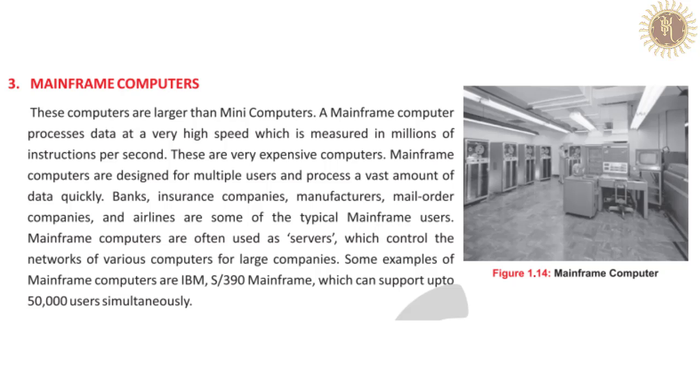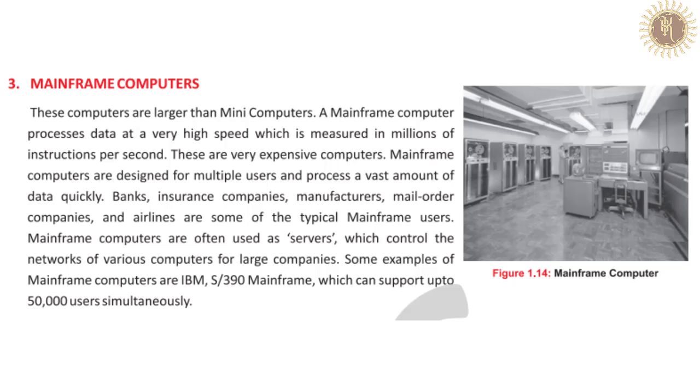3. Mainframe computers. These computers are bigger than minicomputers. A mainframe computer processes data at an extremely high speed, which is measured in millions of instructions per second. These are extremely expensive computers. Mainframe computers are designed for multiple users and process a huge amount of data quickly.